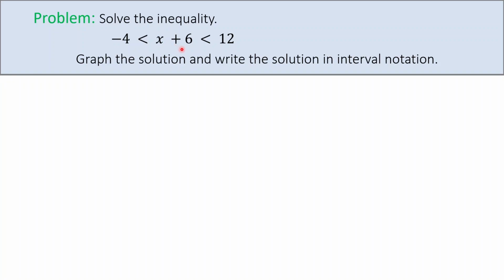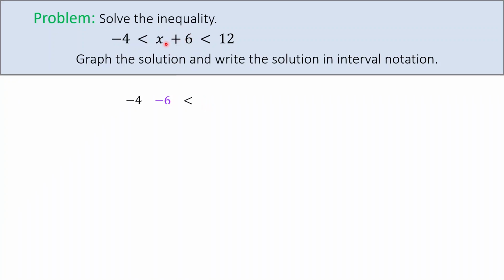But you need to subtract 6 here and here and here, because this inequality has 1, 2, 3 sides. So write this, subtract 6, now less than.